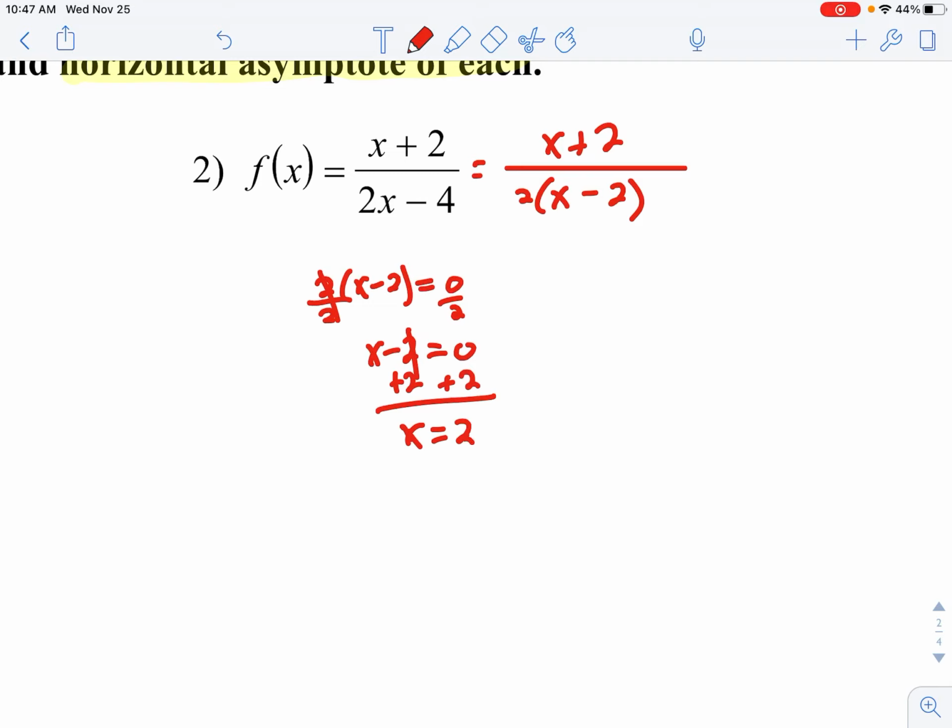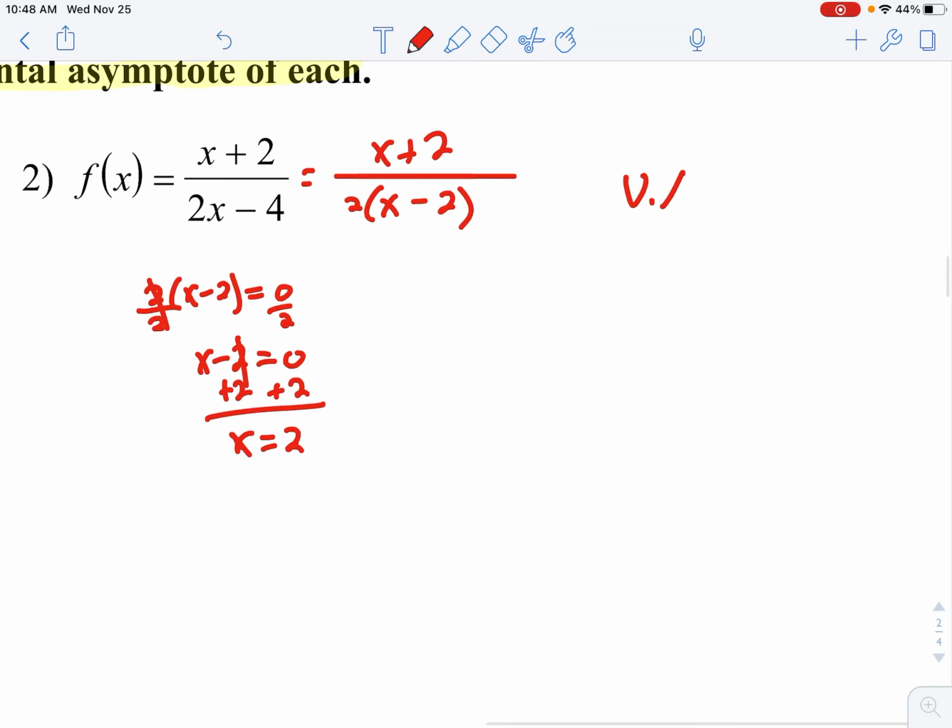The question is, is it a vertical asymptote or a hole? Well, this has nothing to cancel with. Those do not cancel because one's plus and one's minus. Remember, you only get holes from canceling. So that means that the vertical asymptote is x equals 2. As far as a hole in the graph, there is none.